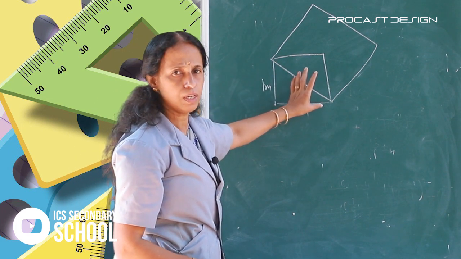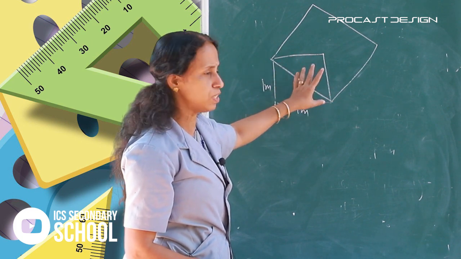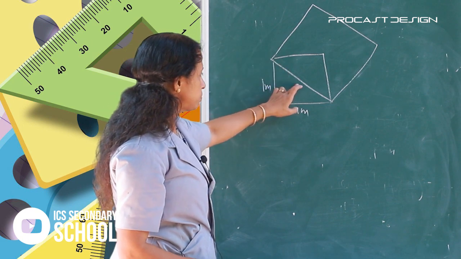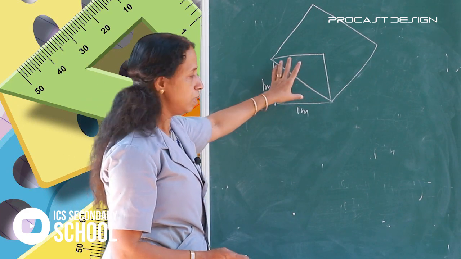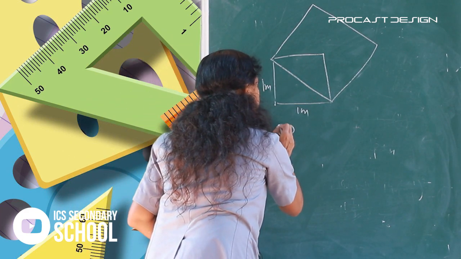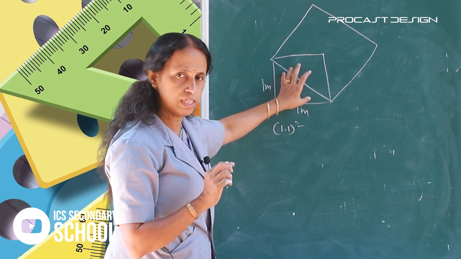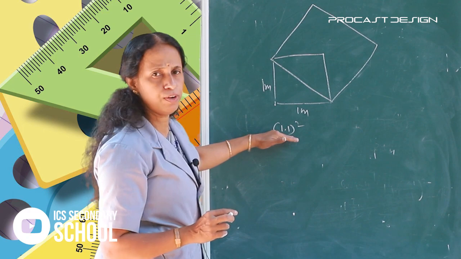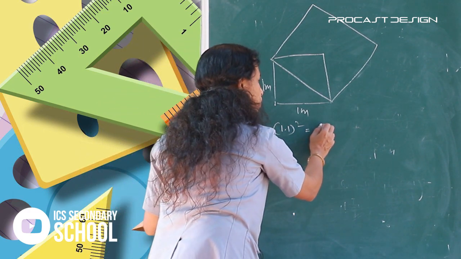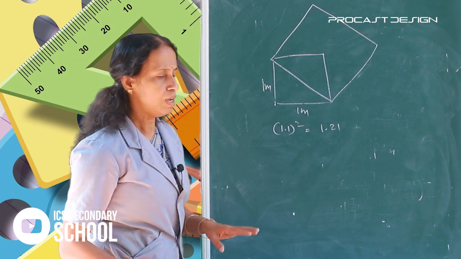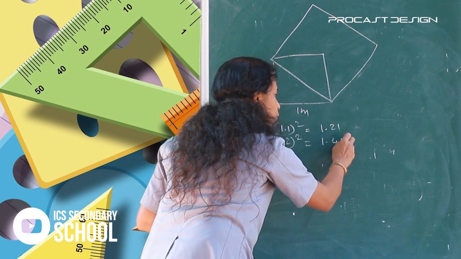Square of any fraction is not 2, but here, listen here. Take 1.1 square, the length of this side is greater than 1 and less than 2, so we take 1.1 square. 1.1 square is equal to 1.21, okay. 1.2 square is equal to 1.44.